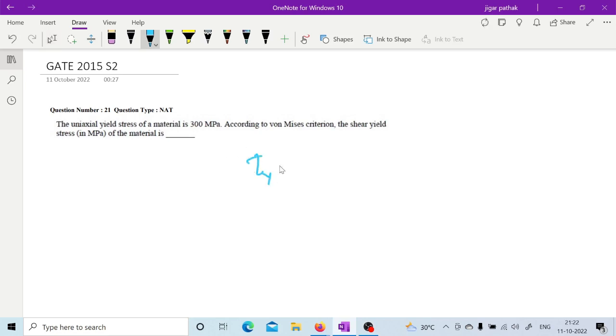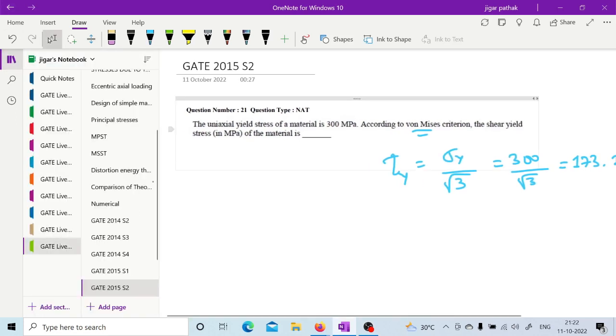Because tau y is equal to sigma y by root 3 as per the von Mises criterion. So sigma y is given as 300, divided by root 3, it will be 173.1 megapascal.